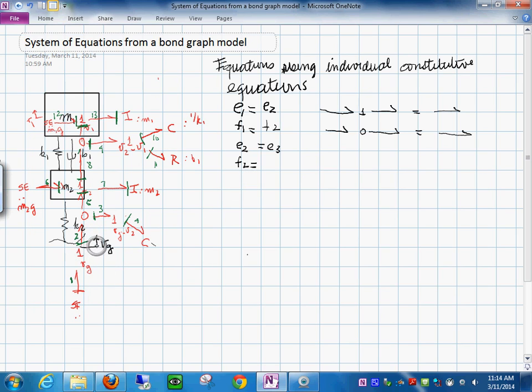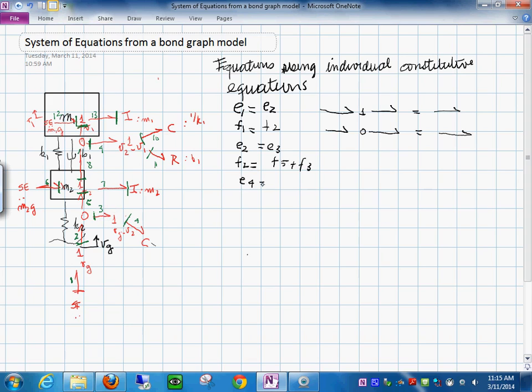F2 in here is equal to F sub 5 plus F sub 3. And then we have to move to 5 and 3. So we go to number 4.